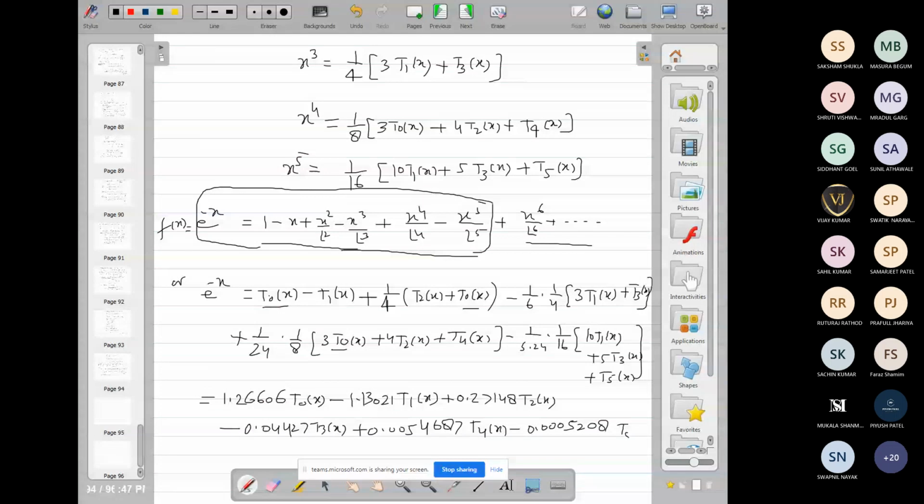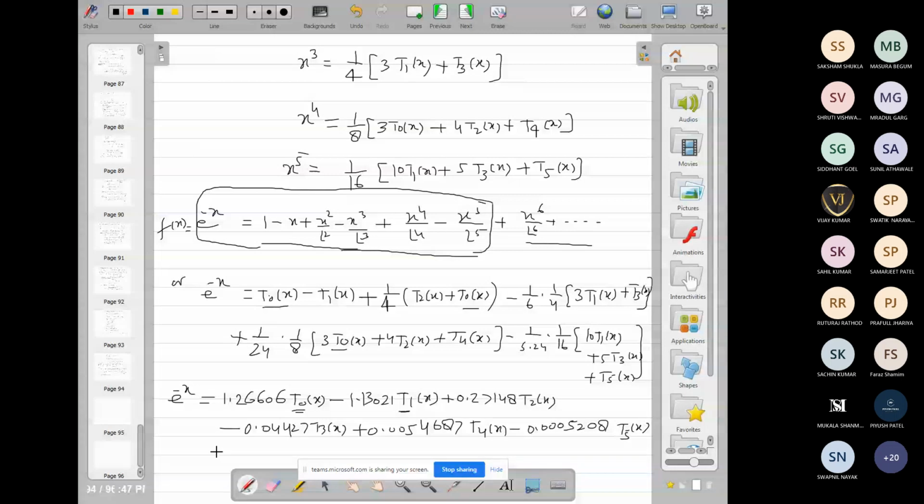Then for e to power minus x, we obtain this expression, and again substituting the values of t0, t1, t2, t3, t5.